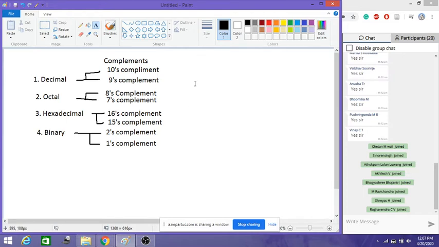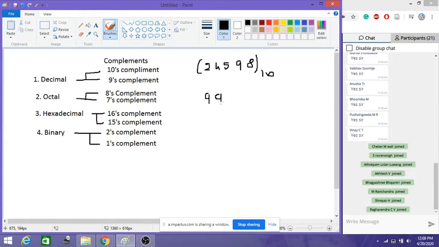A tens complement means, for example, let us take a number 24598 and find its tens complement. This is a decimal number to the base 10. To convert this to tens complement, how many digits are there? 1, 2, 3, 4, 5.